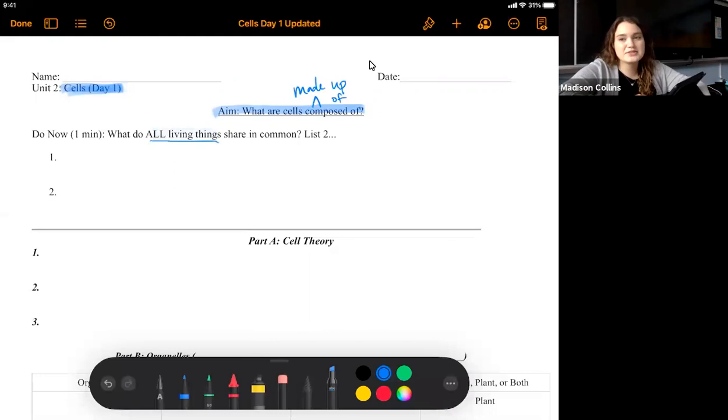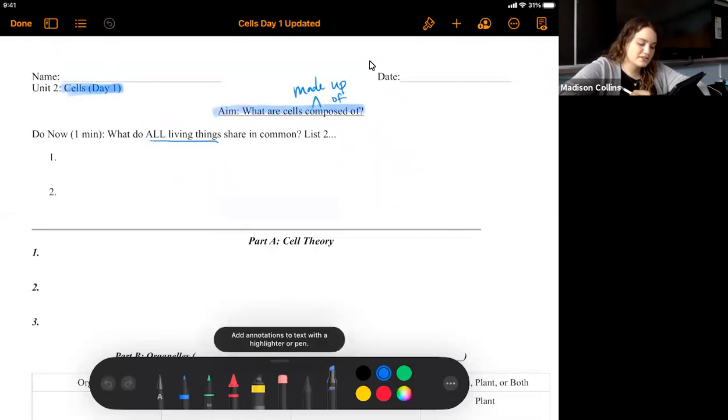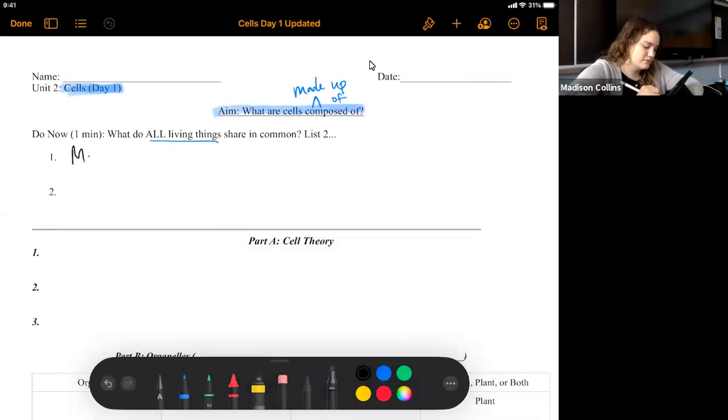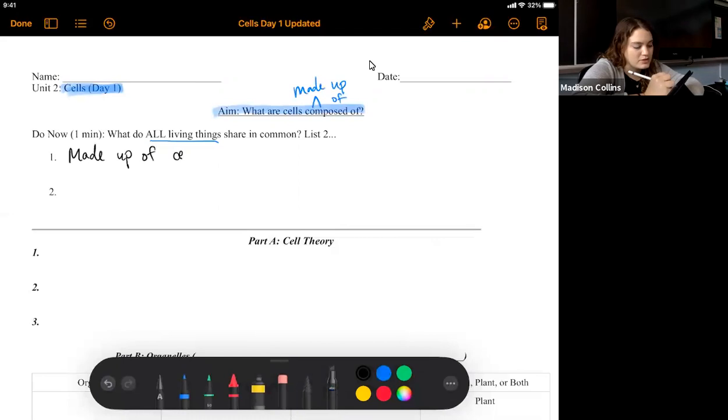Now, I only asked you to give me 2. I'm going to give you a few more. I can actually think of about 7. So let's go through all of them. When answering this question, you may have said that all living things are made up of cells.